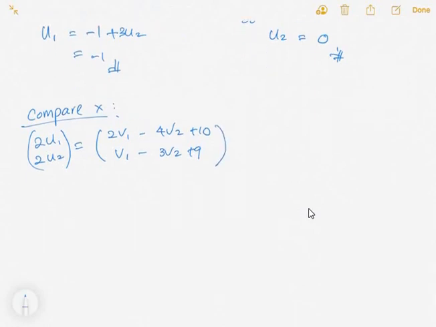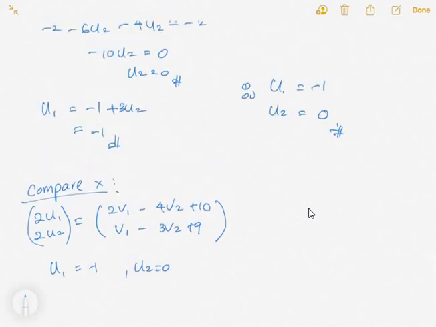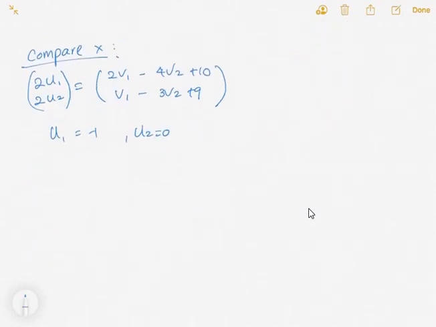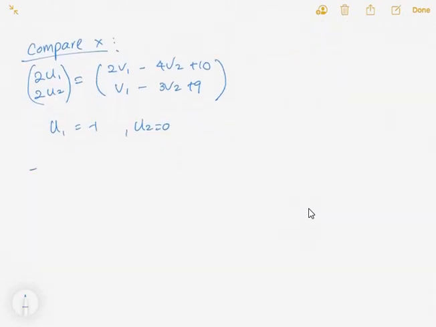And then you substitute the value u1 equal to negative 1 and u2 equal to 0, which you obtained just now. So negative 10, negative 2. Why negative 10? It means the 10 here you bring to the left hand side. And then u1 is negative 1, so you substitute the value of u1.